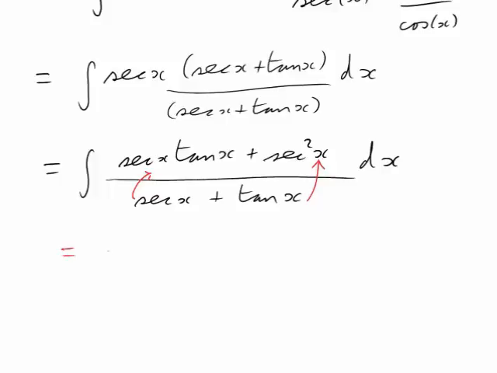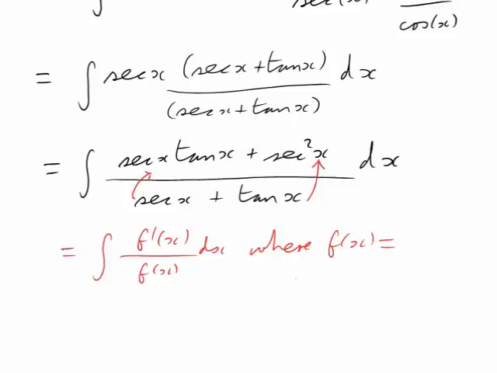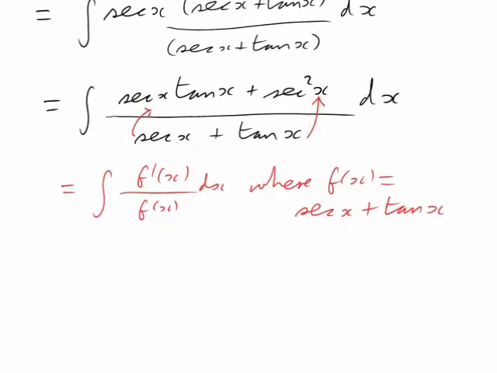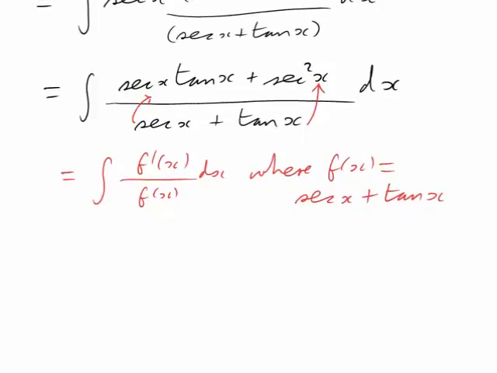In other words, this integral has the form f prime of x over f of x dx, where f of x is the combination sec x plus tan x. When we see a structure like that, with a function on the bottom and exactly its derivative on the top, we know the answer.